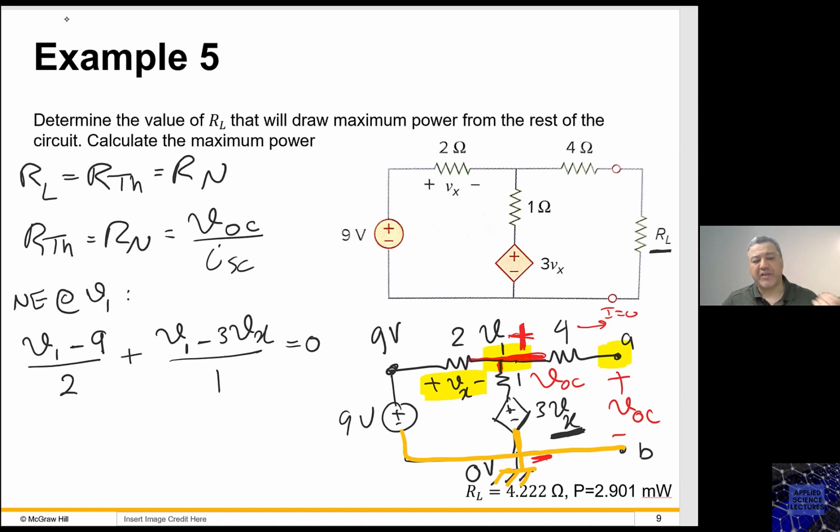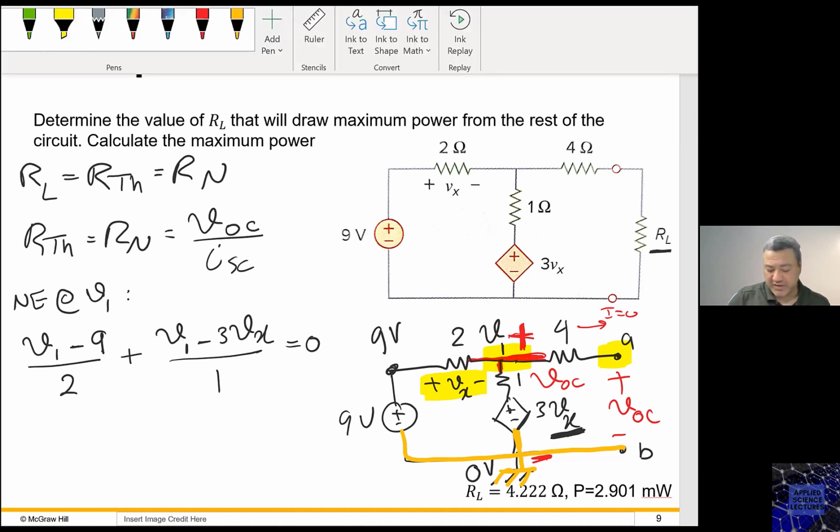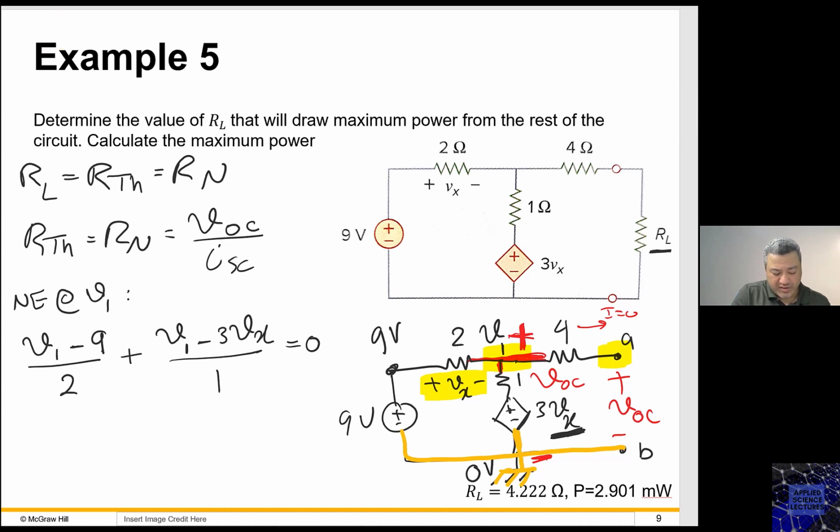I need to find the relationship between this controlling variable and my standard variable, which is the node voltage. Absolutely correct. 9 minus V1 is Vx. And this is what I am after. This is my second equation that I need to solve for this problem, which is 9 minus V1 is Vx.